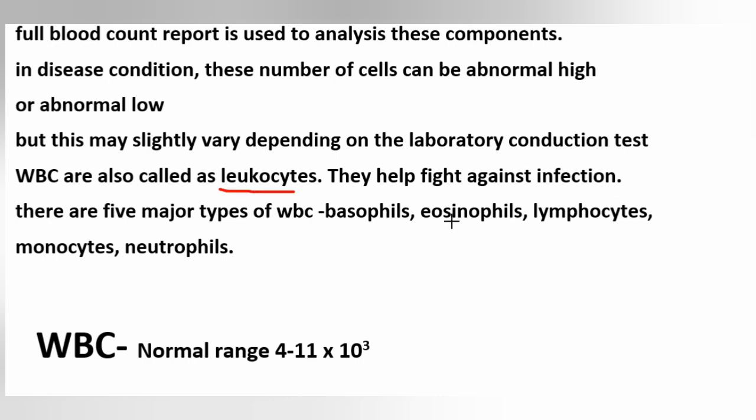White blood cells or WBC help to fight against infection. There are 5 main types of WBC: basophils, eosinophils, lymphocytes, monocytes and neutrophils.